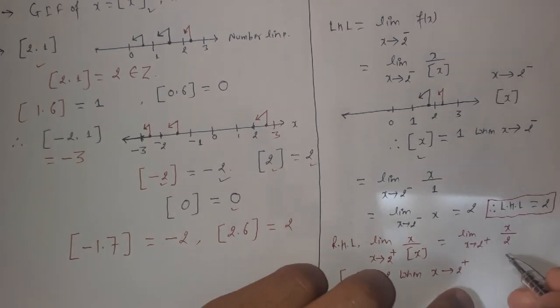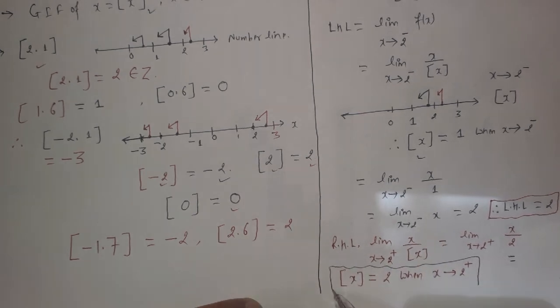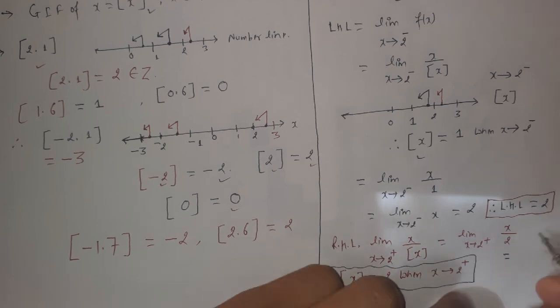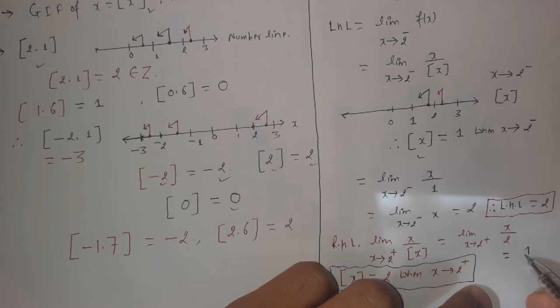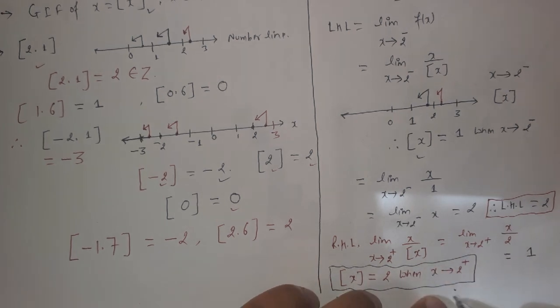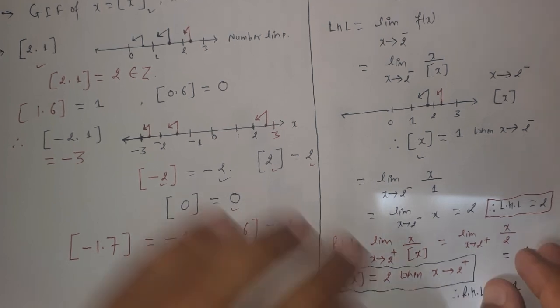This can be further simplified. Putting the value x equal to 2, 2 over 2 gives 1. Here we calculate the right-hand limit. Therefore, the right-hand limit of that function is numerically 1.